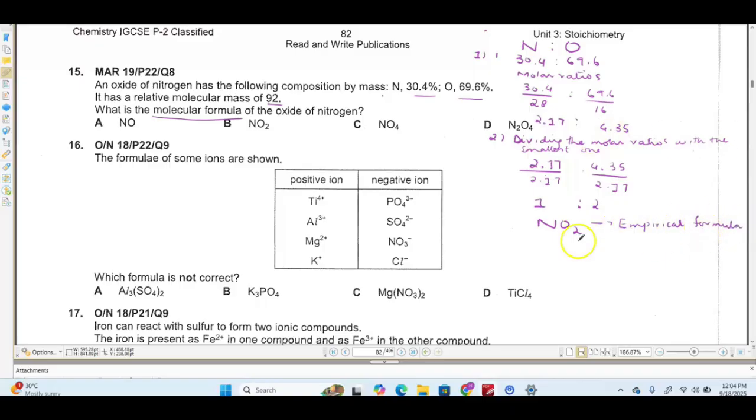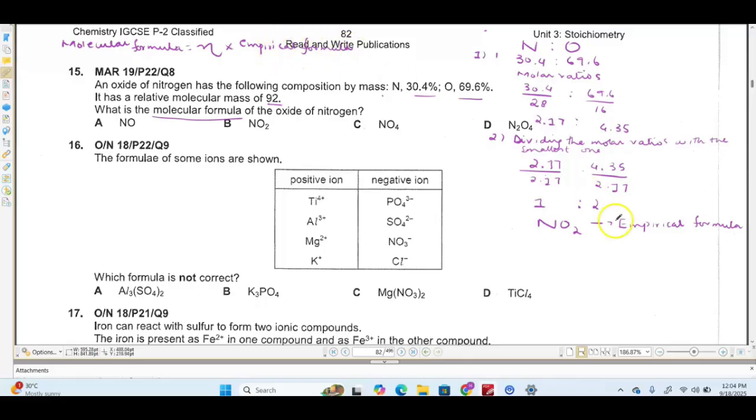Now we have to move forward from here so that we can find the molecular formula. The formula to find the molecular formula is n times the empirical formula.